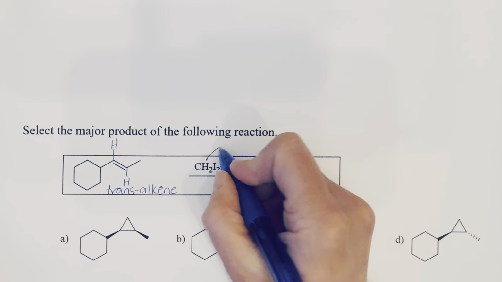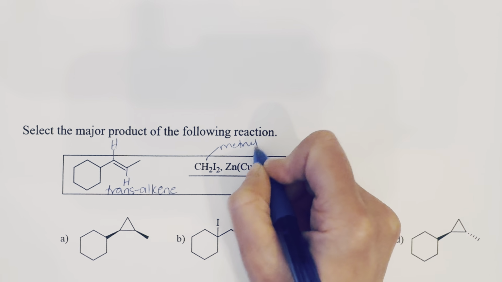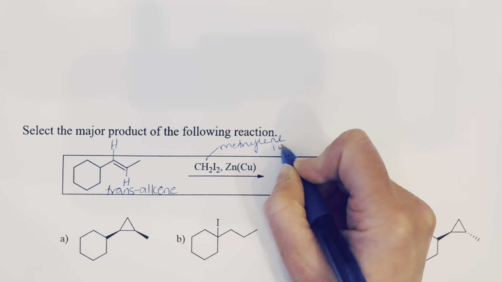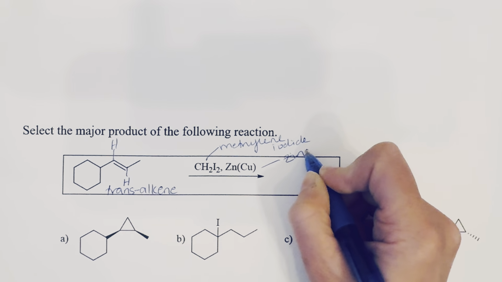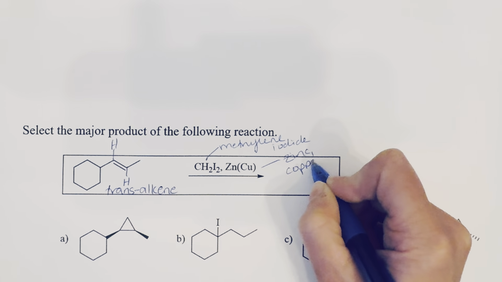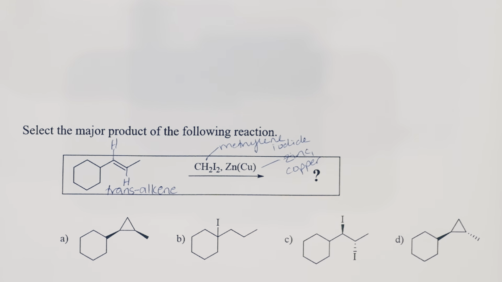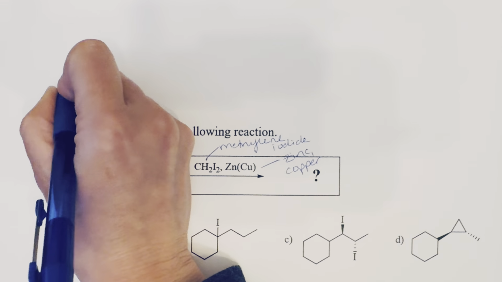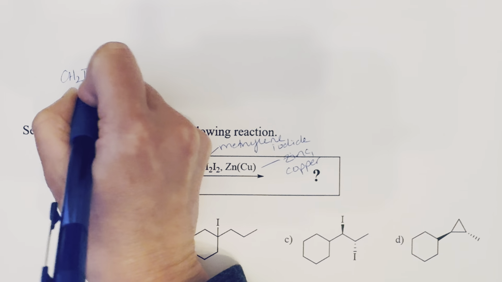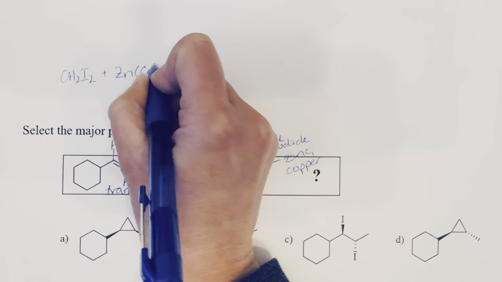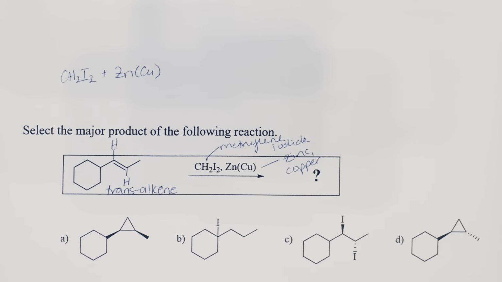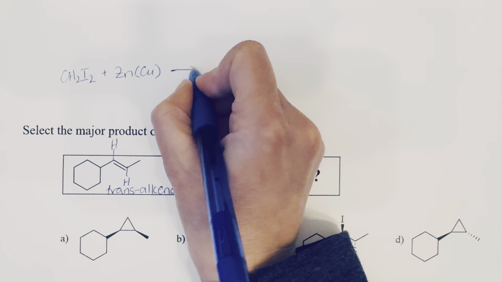So we see that we are reacting this with methylene iodide. And then we are adding in a mixture of zinc and copper. And so what we're going to need to recognize or remember from the lecture class is that when we mix methylene iodide and zinc copper together, we are going to get a reagent known as the Simmons-Smith reagent.